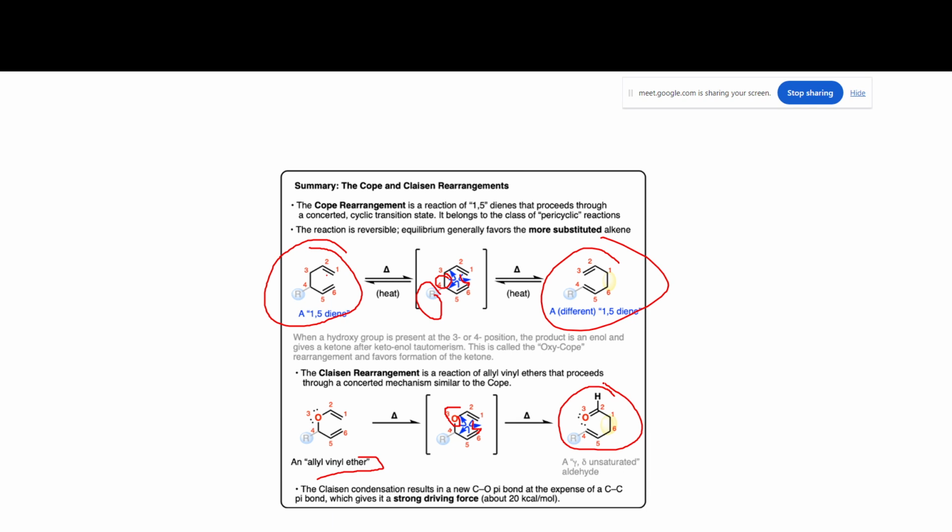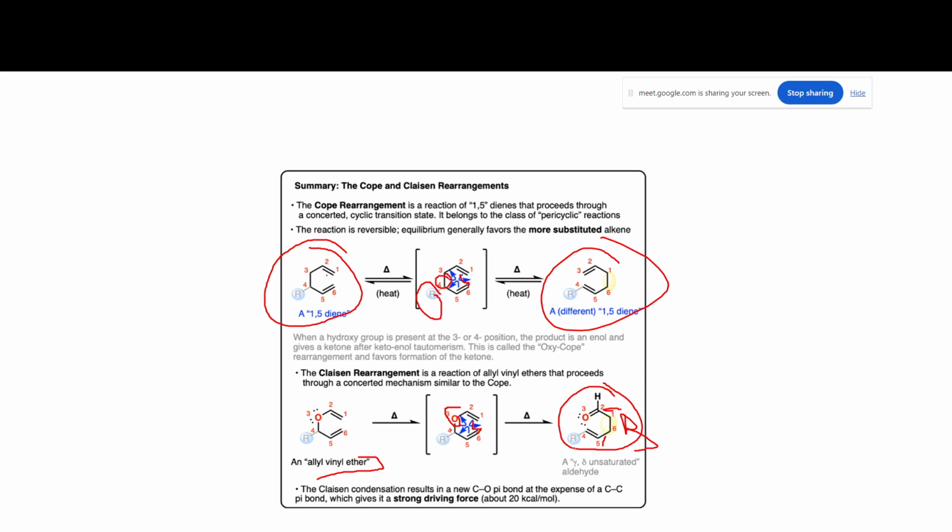So Claisen rearrangement is a reaction of allyl vinyl ether that proceeds through a concerted mechanism similar to the Cope, and you are forming an alpha, beta, gamma, delta, so a gamma,delta-unsaturated aldehyde.